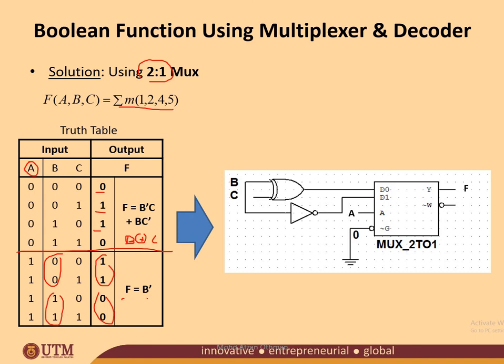So that's why you can relate F to the inverse of B. You cannot use C here because C has different combinations that you cannot make consistent to obtain an equation, okay? So you see it is XOR and also the NOT, okay?